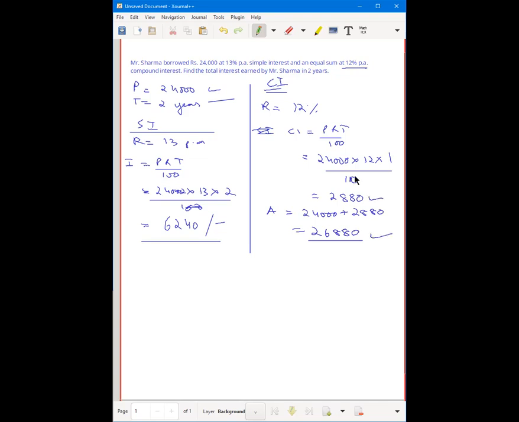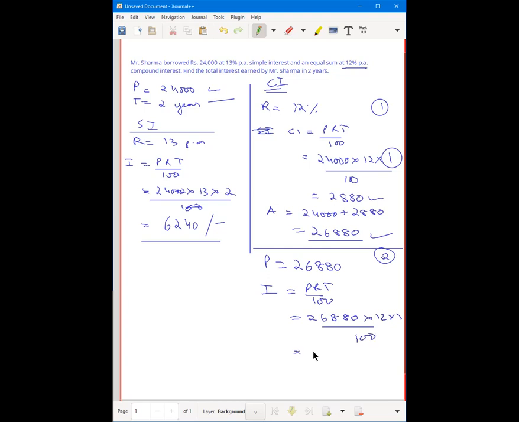Remember, whenever we are finding compound interest using the simple interest formula, we find it for every year, not both years together. So now this becomes the principal for the second year. The principal will become 26880, rest will remain the same. So I is equal to PRT upon 100, which is 26880 into 12 into 1 upon 100. How much does that work out to be? 3225.60.